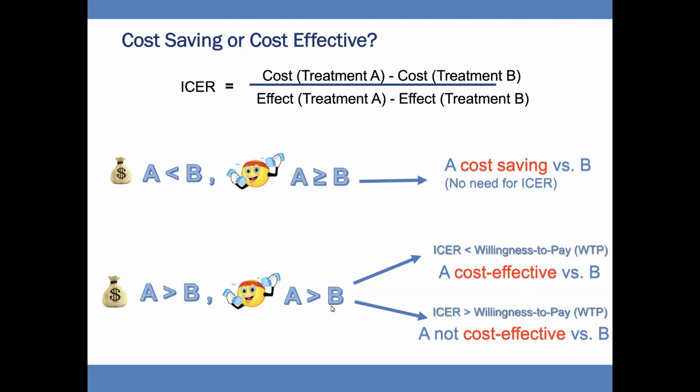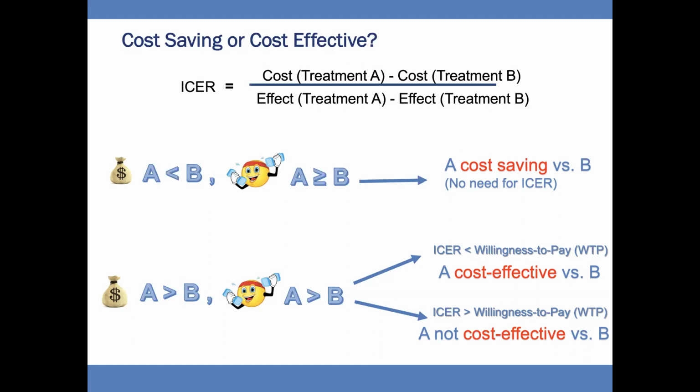But then the question is whether it is cost effective versus B or not. So there is a rule that allows us to tell whether A is cost effective versus B. And the rule is that we need to compare the ICER versus a benchmark. And this benchmark is called the willingness to pay.